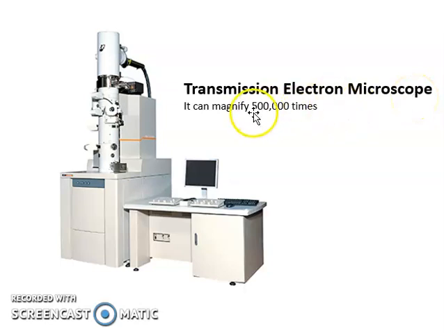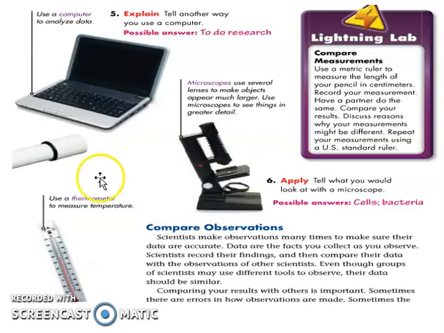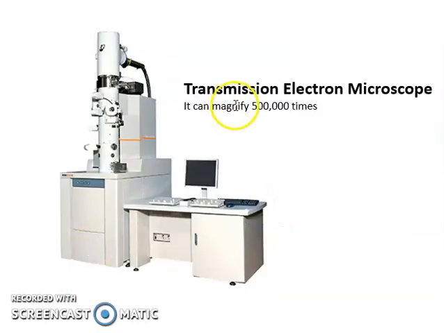It can magnify 5,000 times compared to an ordinary microscope. Isn't it amazing that there is a machine that could magnify 5,000 times? Yes. Some doctors and scientists use this when they want to know the smallest part of an object.